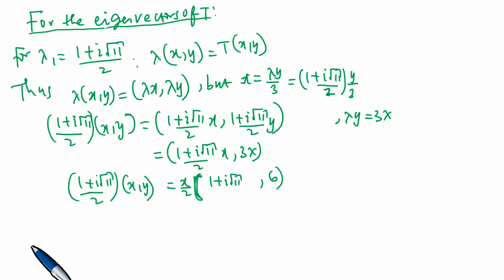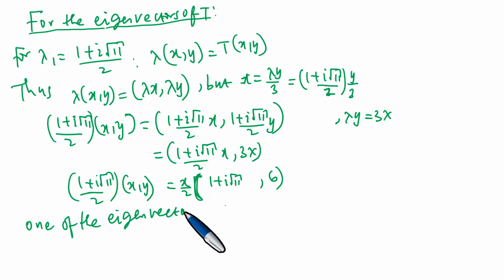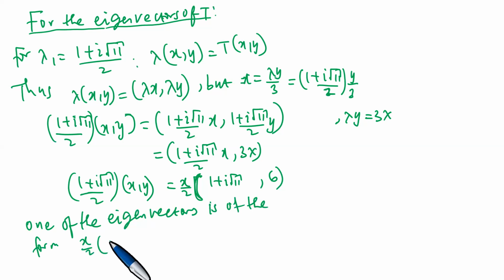So you note that you have one of the eigenvectors. In other words, one of the eigenvectors is of the form x over 2 into 1 plus i square root of 11, then 6.